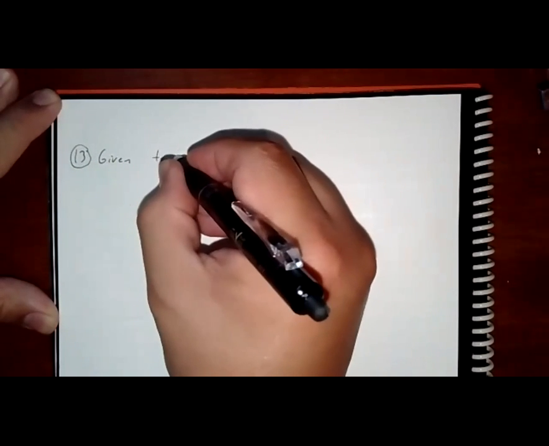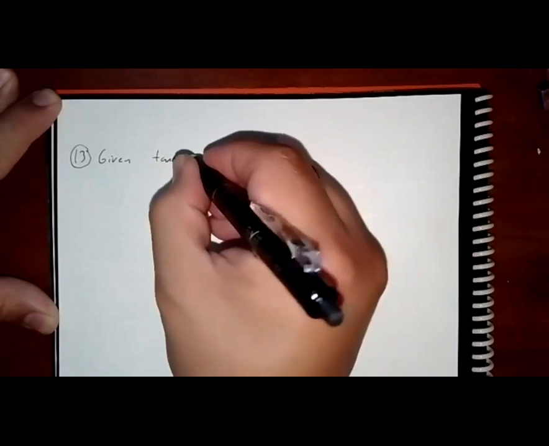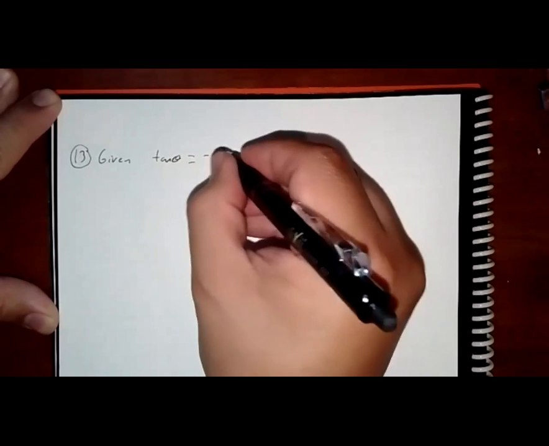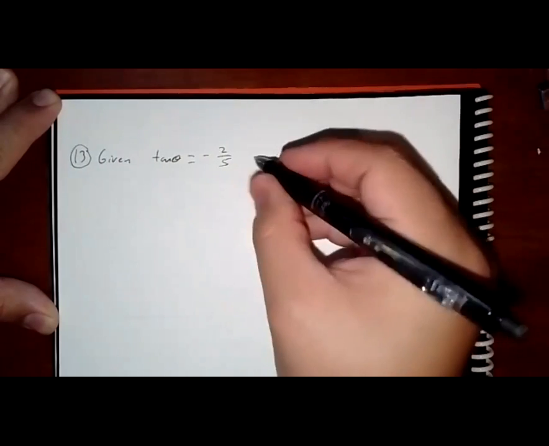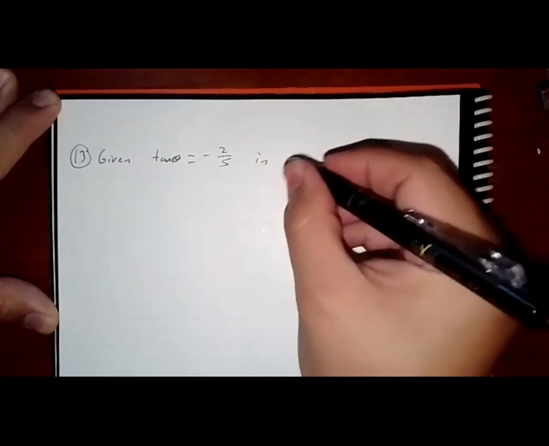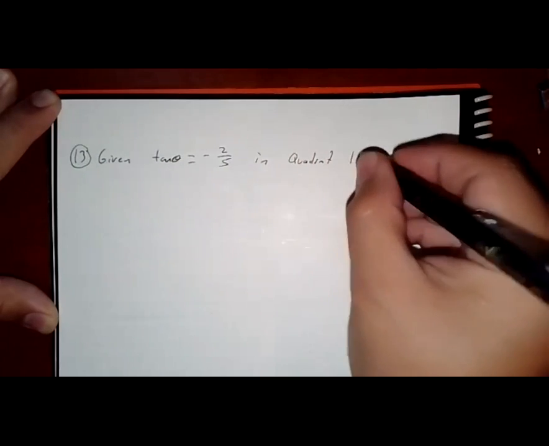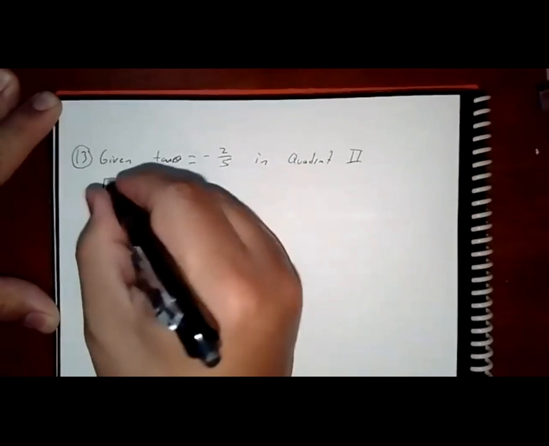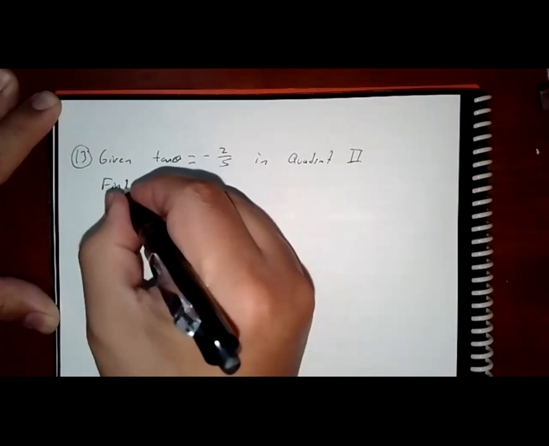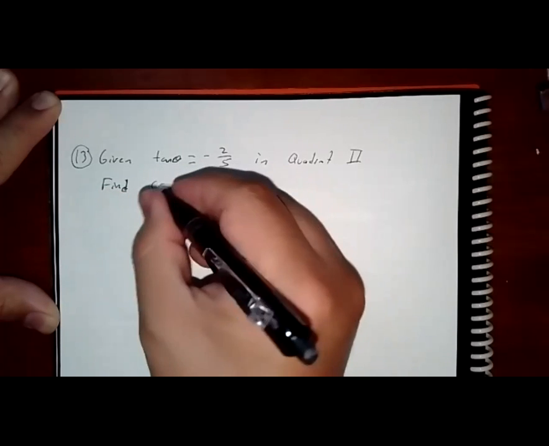So given that tangent of theta is equal to -2/5 in quadrant 2, find cosine.